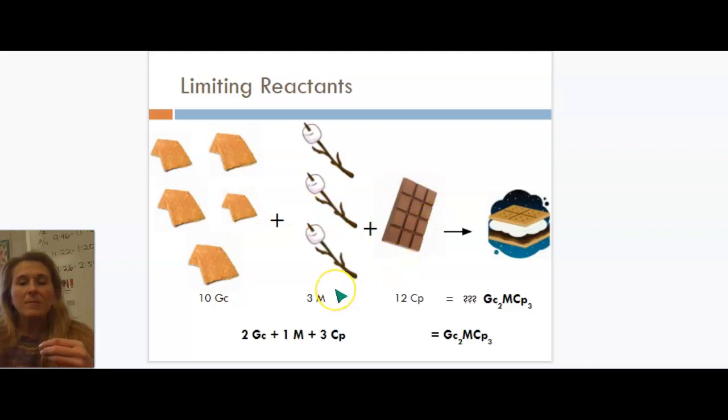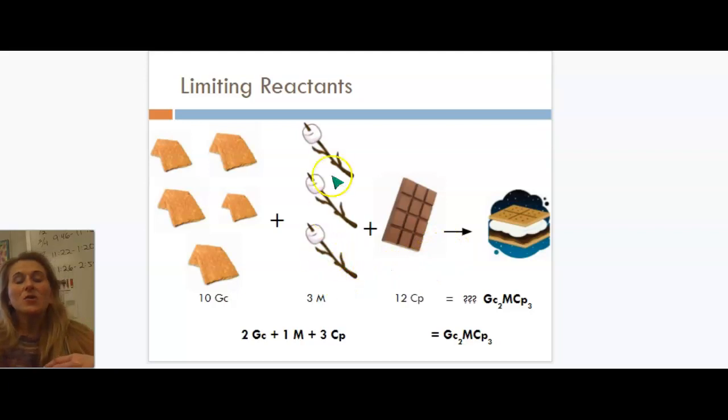So if we can make 3 s'mores, that means that we're only going to use 6 graham cracker pieces, and we will have 4 left over. And if we're making 3 s'mores, we will only need 9 chocolate pieces, and we will have 3 pieces left over. Although I would argue that there's no such thing as leftover chocolate, right?